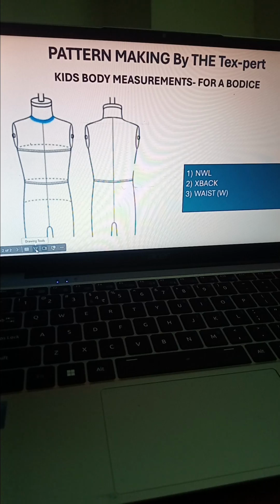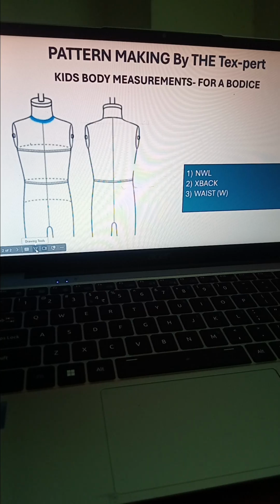So for pattern making for a kids bodice, of course, you have to first take body measurements. The body measurements required are simple. You need natural waist length, in inches if you're using imperial measurements, or in centimeters if you're using the metric system.